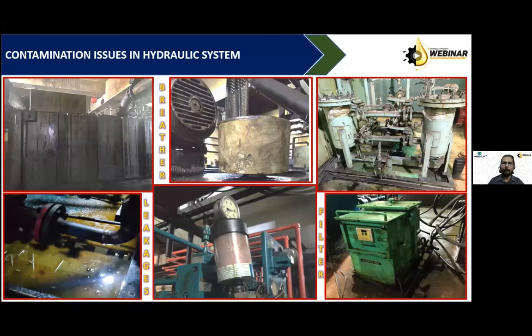So whenever we select our filtration system, we should see the requirement of the system, the oil volume, the ingress rate of the contaminant. Suppose we have a tank of 100 kl, it is totally sealed, the breather is very proper, then we may not require a very large system to purify even 100 kl of oil.